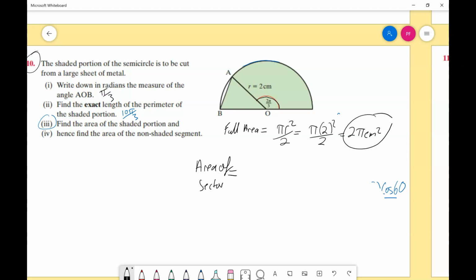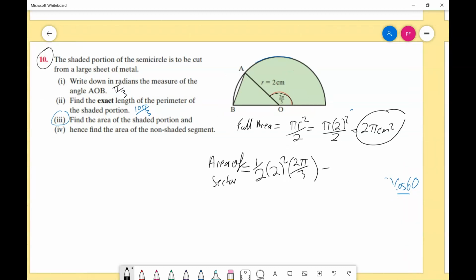That's from page 9 of my tables. So a half, 2 squared, times theta, which is 2 pi over 3. So that's 4 pi over 3. 2 squared is 4, divided by 2 is 2, and 2 by 2 is 4. So it's 4 pi over 3. That's my sector.